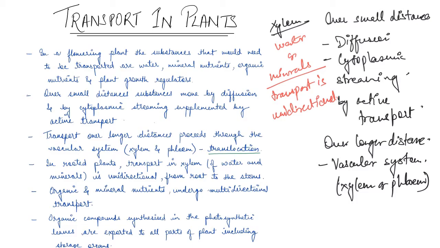And then from the storage organs, they are later re-exported. So basically, they are also stored in the storage organs, and if needed, they are again exported from the storage organs, right? The mineral nutrients are taken up by the roots, and these are transported upward into the stem, leaves, and all the growing regions, right?